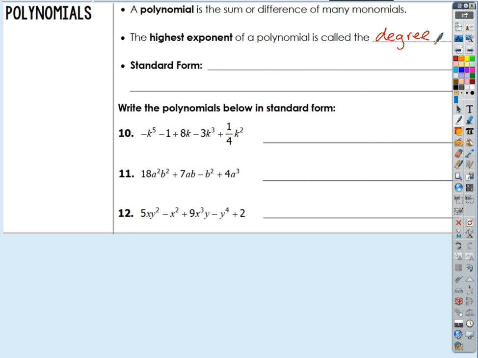The highest exponent of a polynomial is always called the degree. Standard form for a polynomial means we always want to write with the exponents in decreasing order.